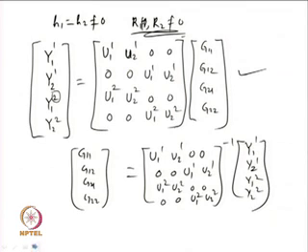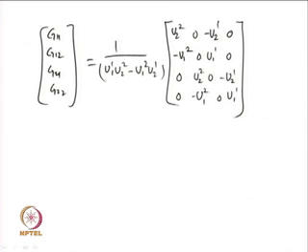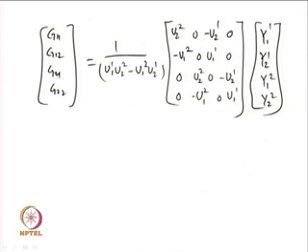So, this is how you get it. I find the matrix inversion, which comes out to be of this form, times your Y11, Y21 and Y12, Y22. Okay. So, this is how you get the expression for G now.